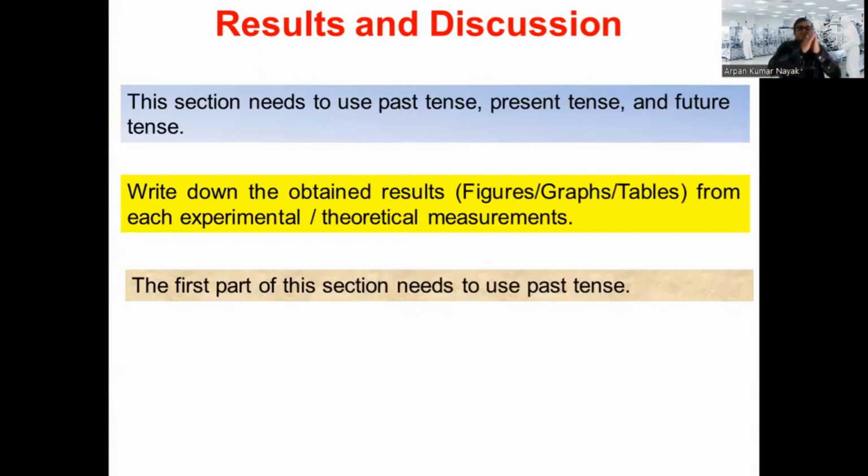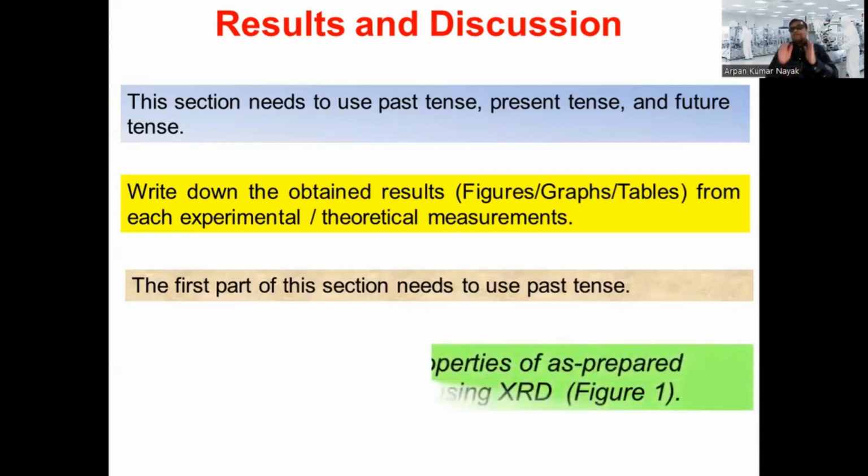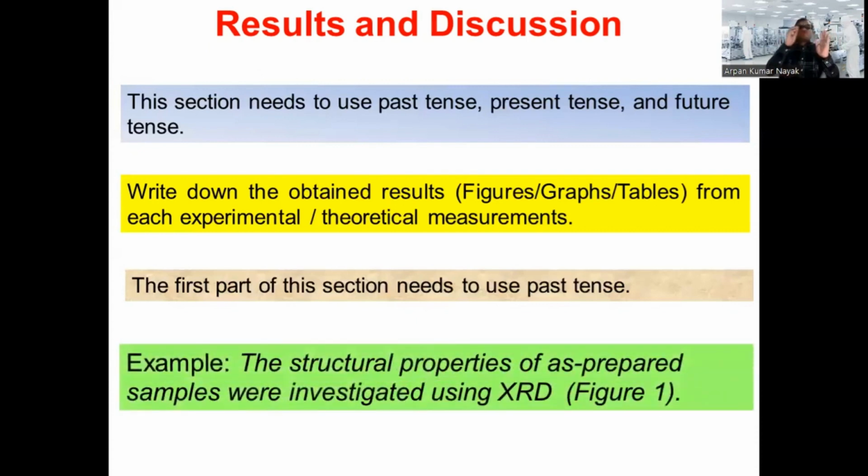Now if I start writing Figure 1, suppose you did XRD, you know that from that instrument we can understand the crystal structure, which was already done previously. So our first statement will be, for example, the structural properties of the samples were investigated, measured, or studied using XRD.